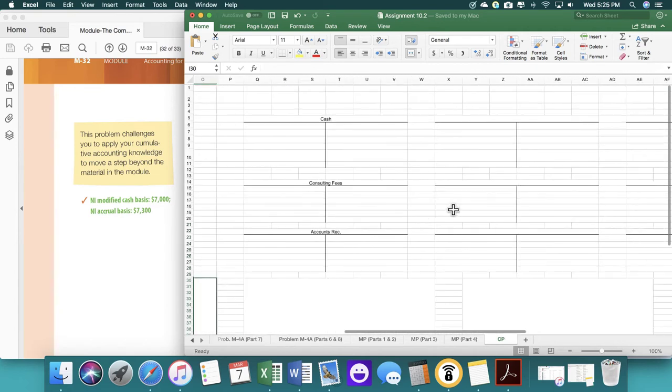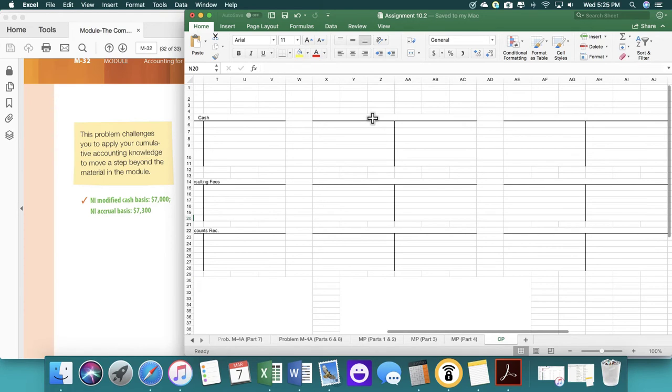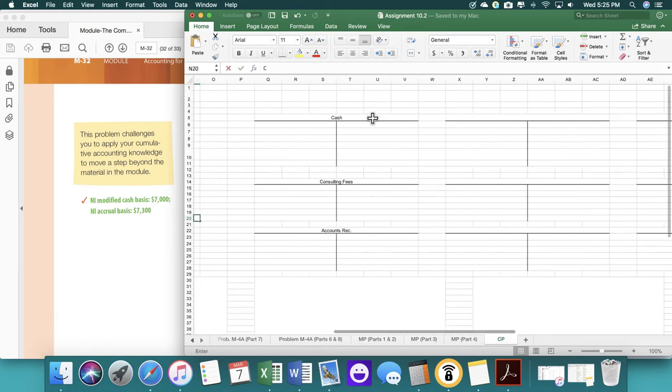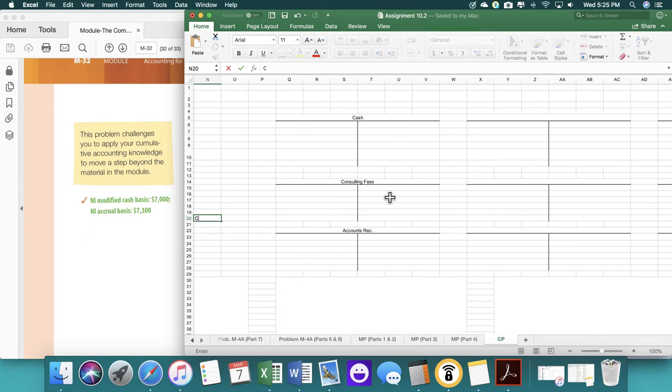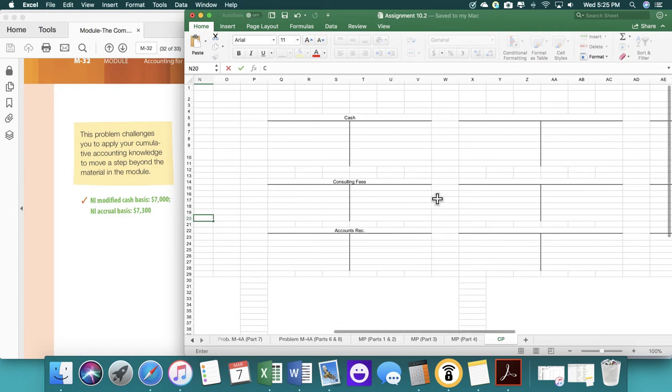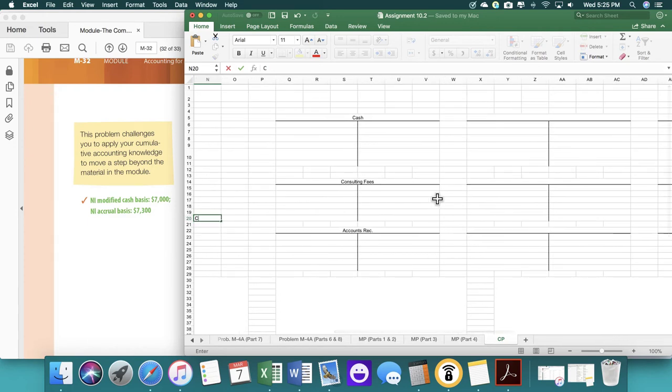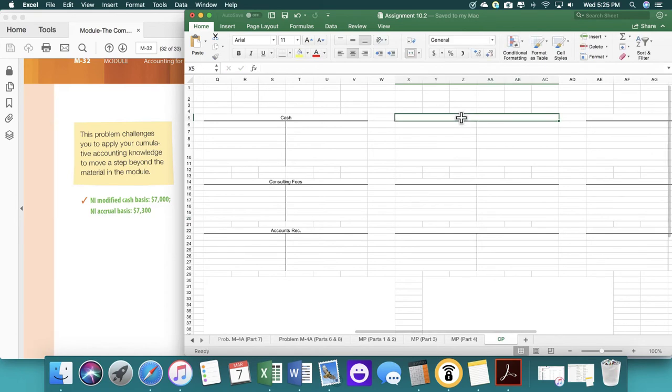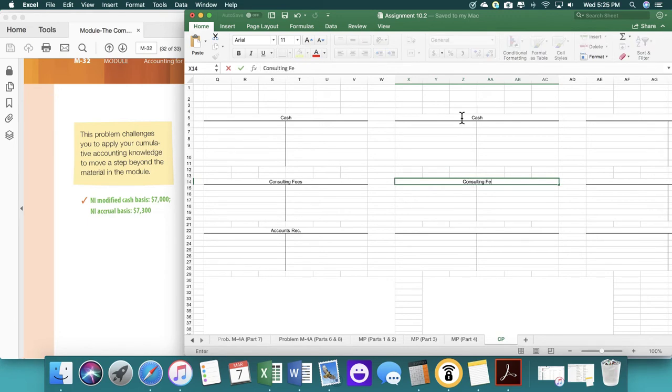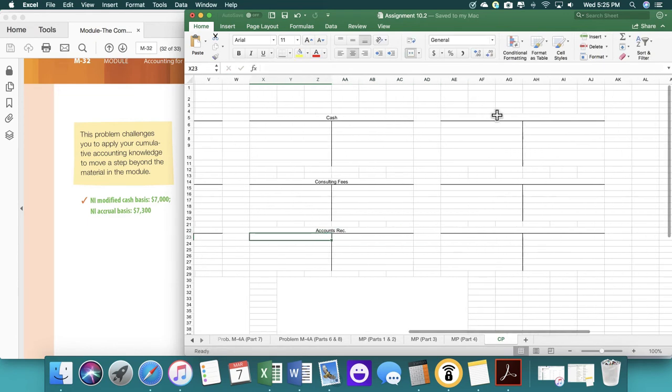And then second to last is going to be cash, accounts receivable, and consulting fees. Oops, did that one, I'm sorry. Nope, you're going to do it again. Basically, you're giving us two different ways to get to the same answer. This part I'm not going to grade that heavily because it is confusing and it's not something we've really dealt with before.